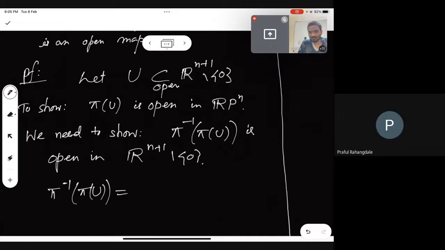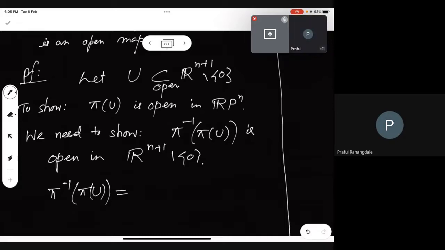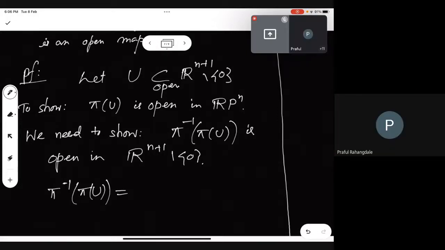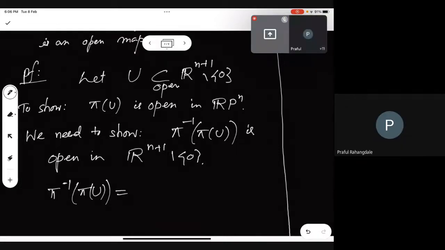Sir, I was saying U union TU for any T. For any T, what? What is T? The way we have defined map pi. No, what is T? T for any T in R minus 0.